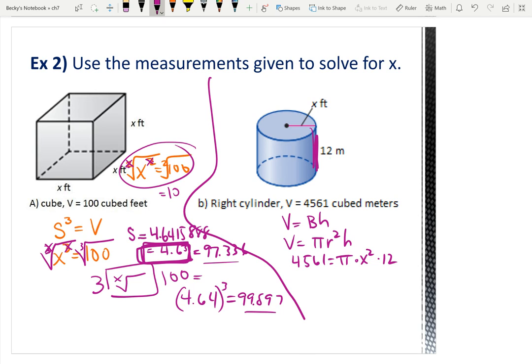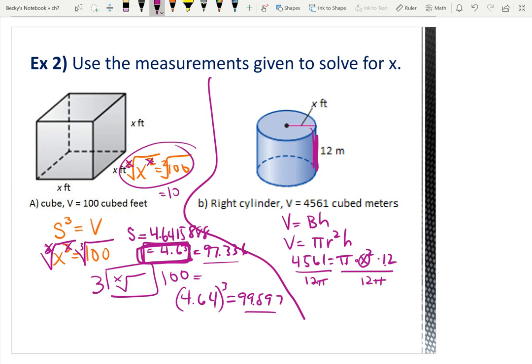Okay, so I need to solve for x. And so to solve for x, I have to move the pi and the 12. So let's divide by 12 pi. Now, this time, we're going to have to enter the pi symbol. 4561 divided by 12, and then I am using the pi symbol.